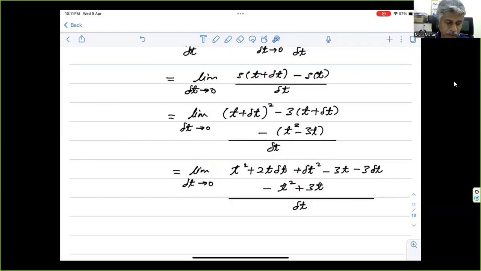Okay, so the next is we look at the common terms here. Here you got t square. Here also got t square. It means we can subtract. We subtract this and this. And then you got minus 3t, and then you also got 3t here. We can subtract. Okay. And then you got 2t delta t.